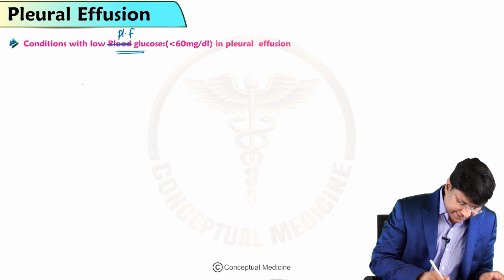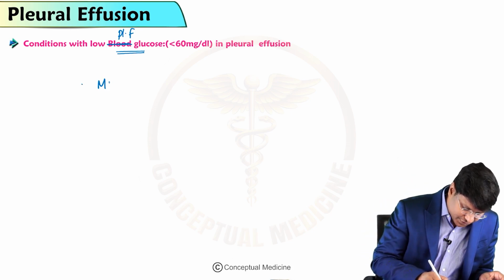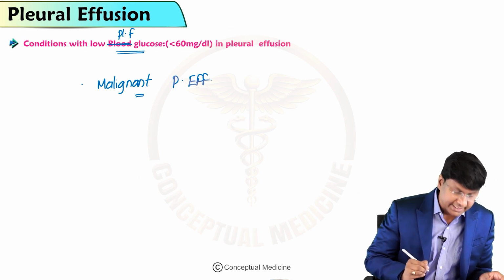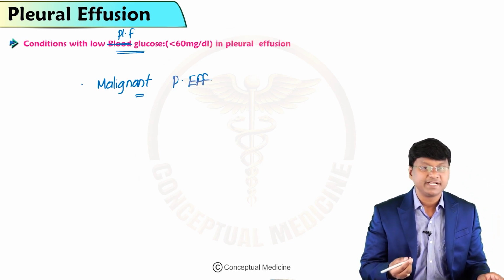Number one, in case of malignant pleural effusion, the examples are bronchogenic carcinoma, then breast carcinoma, next lymphoma.